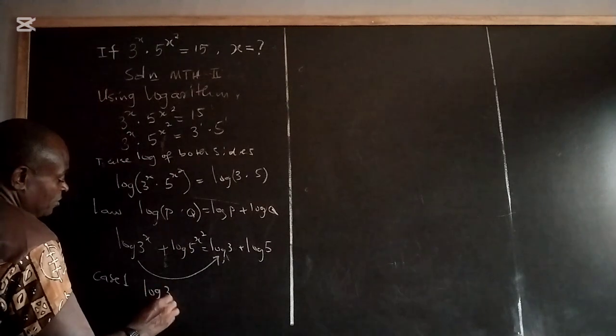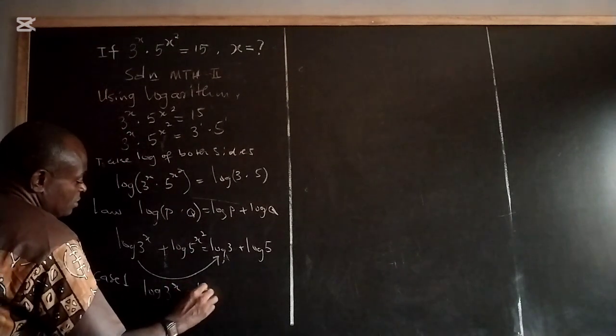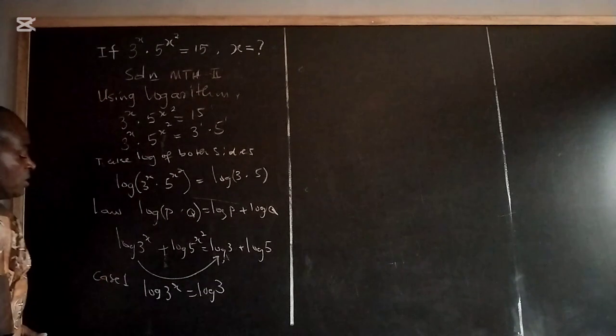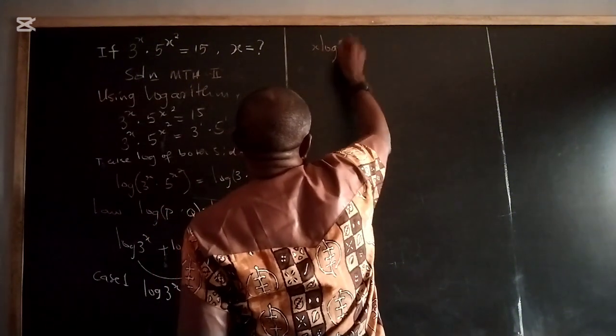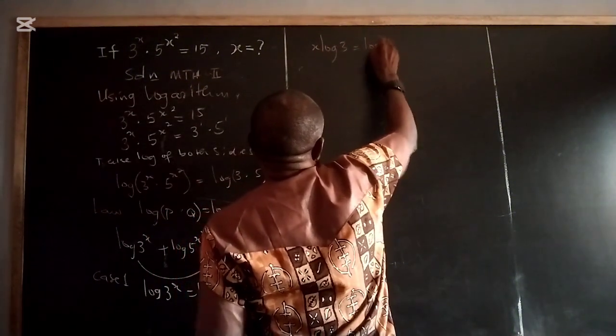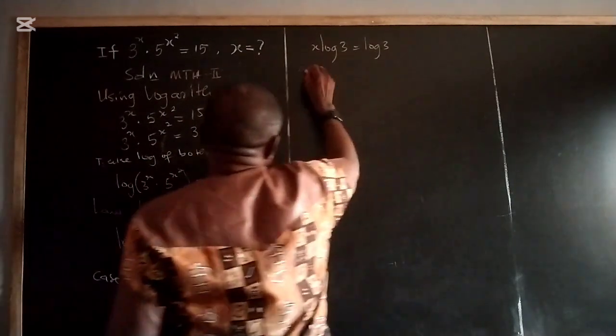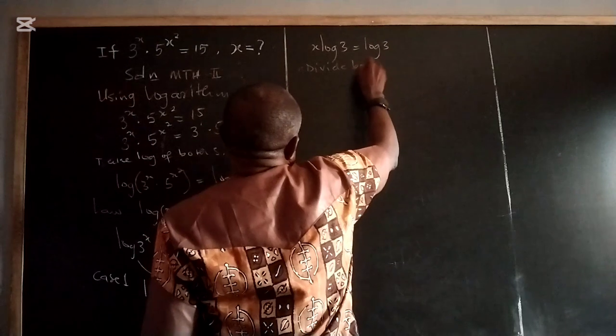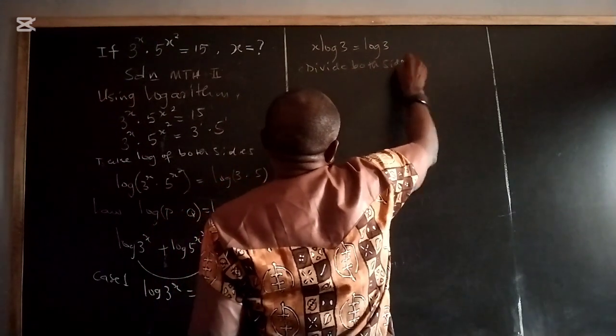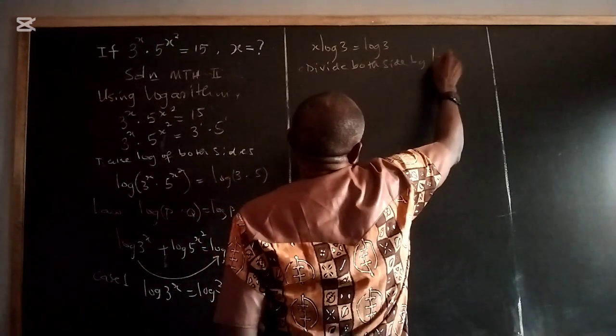So we have log 3 raised to power x equals log 3. So our x is in front, so we have x log 3 is equal to log 3. So divide both sides by log 3.